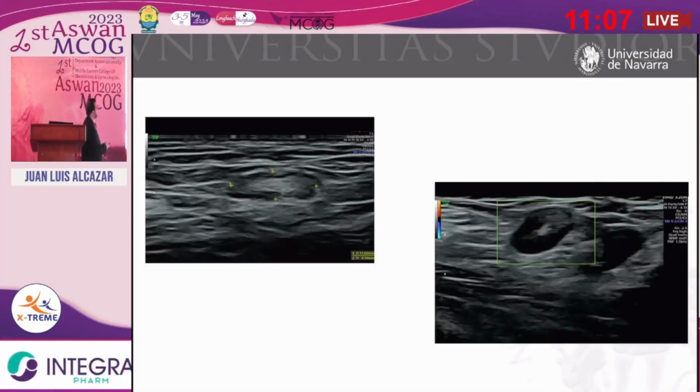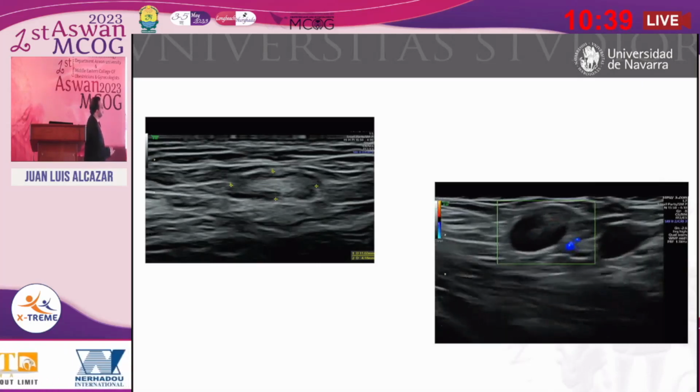You see here, this is the cortex, this is the medulla: hyperechoic the medulla, hypoechoic the cortex. The cortex is thin, the medulla is thick, and a normal lymph node is oval in shape, and the longitudinal diameter is larger than the anterior-posterior diameter.